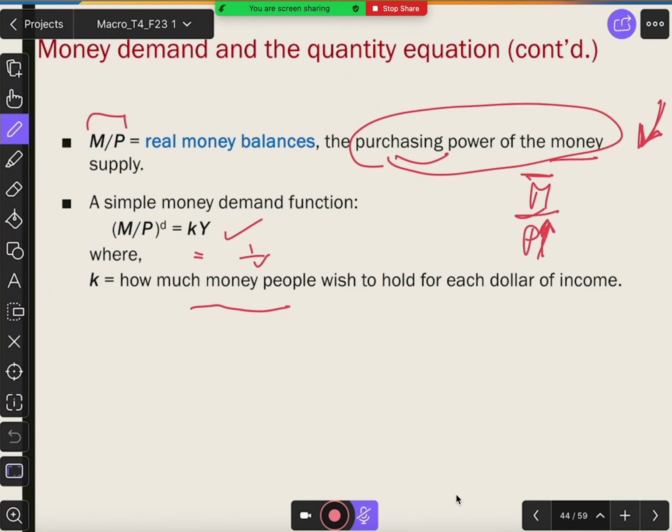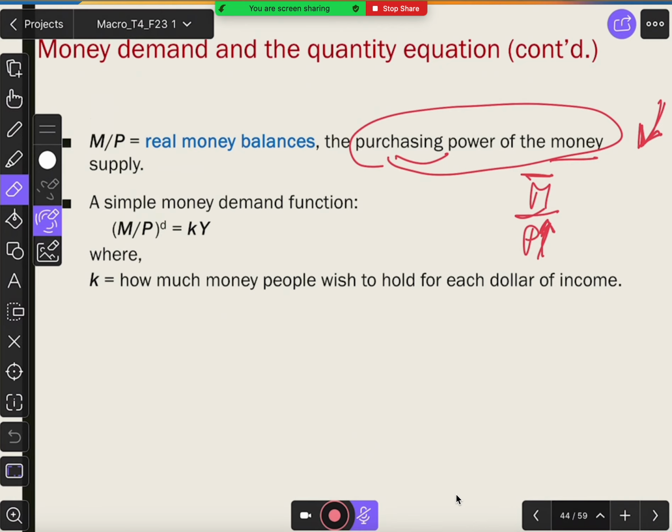In this slide we were talking about the demand for money, and it depends on income. We were saying that the nominal money supply, when divided by the price index, would give me the real demand for money.